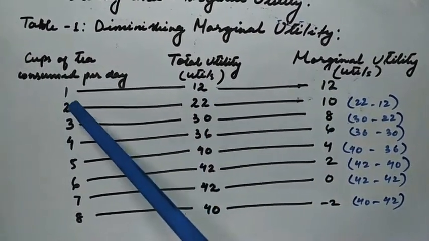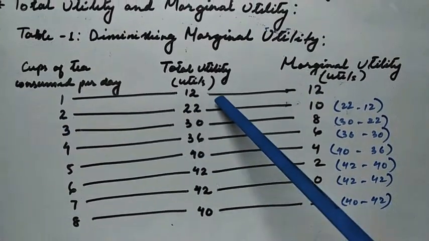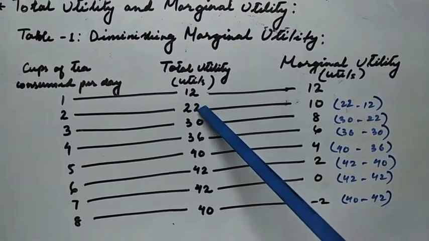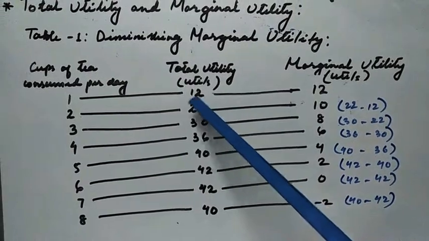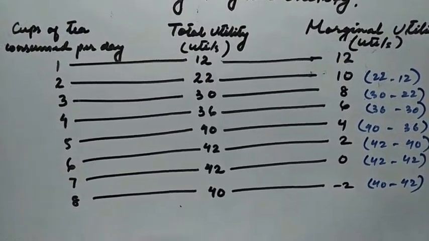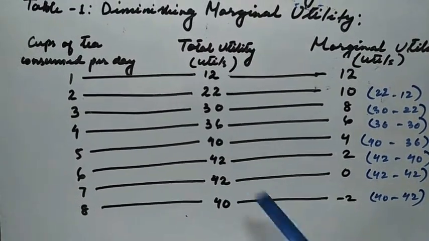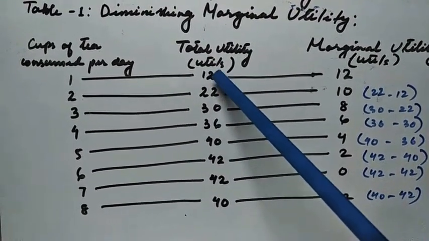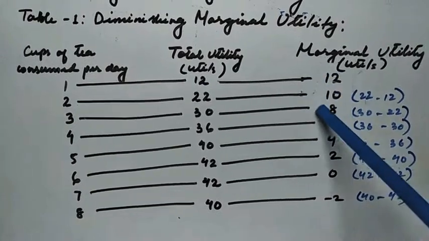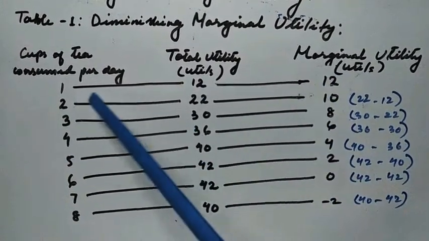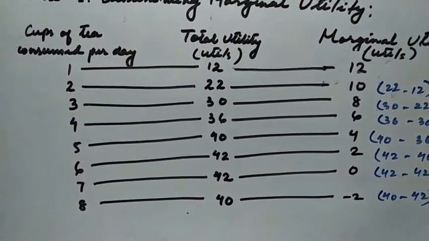So consumption of the second cup of tea has made an addition to the total utility by how much? 10 utils. So 10 is the marginal utility of consuming 2 cups of tea.